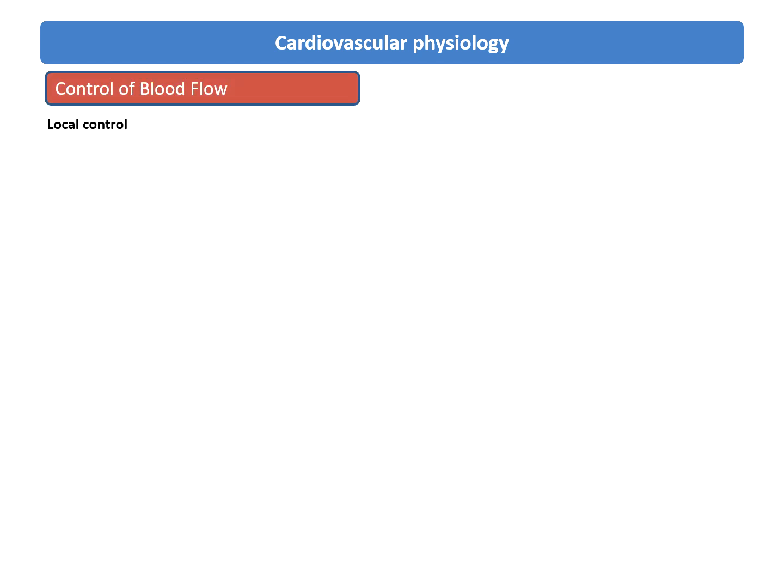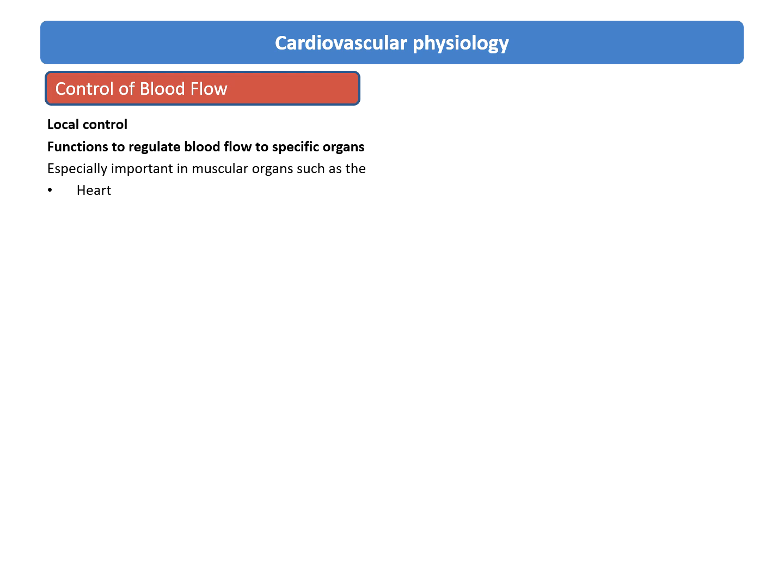Let's look first at local control. Its function is to regulate blood flow to specific organs. It's especially important in the muscular organs, such as the heart, skeletal muscles, and GI tract. There are 4 types of local control.